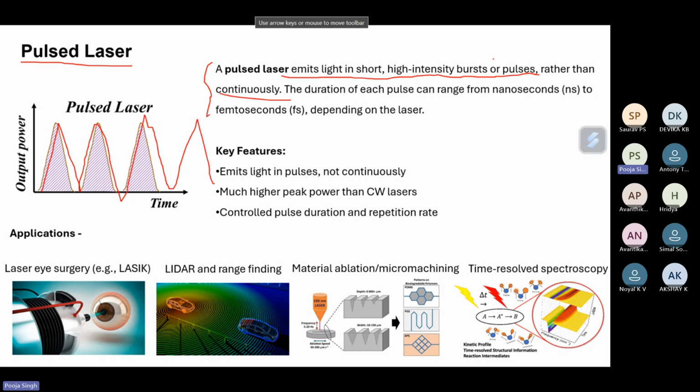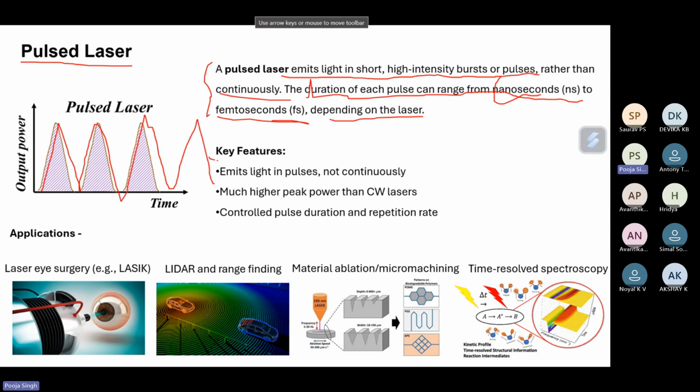Like this, in the form of pulses, for a short time it will come, but it will be highly intense also. And the duration of each pulse can range from nanosecond to femtosecond. That pulse duration is very small, right, in nano and femtosecond, and it basically depends upon your laser condition.